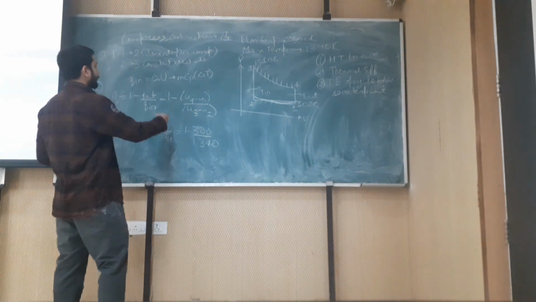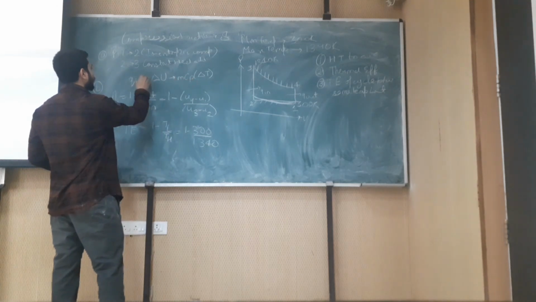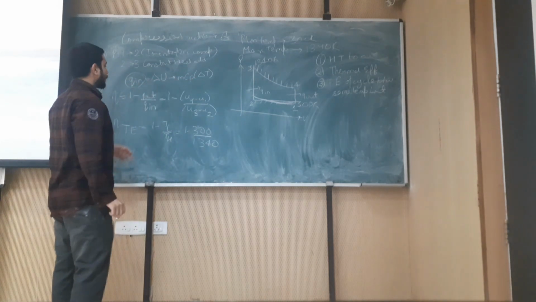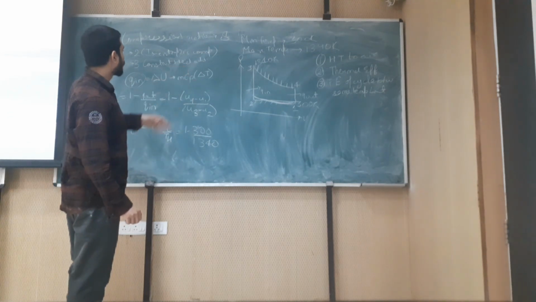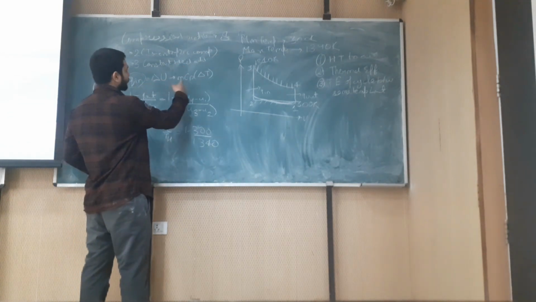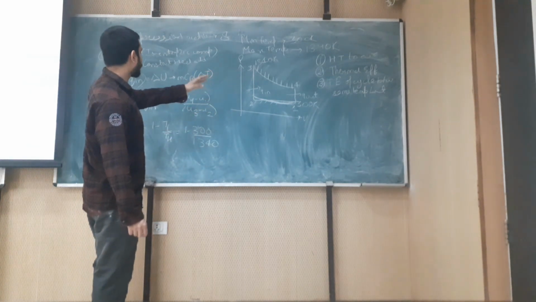The heat addition in this process is mCp into delta T. So we can find Q in from this.